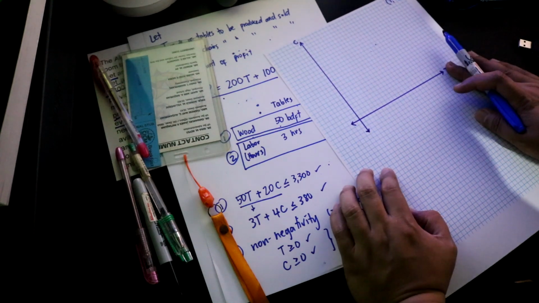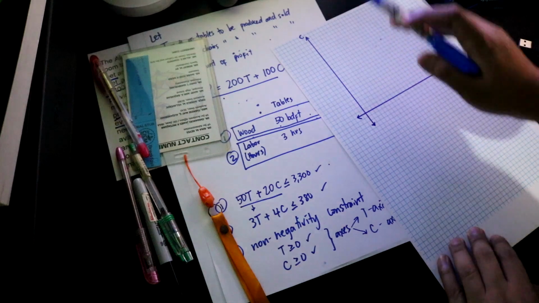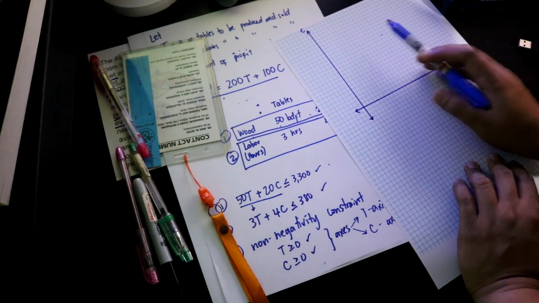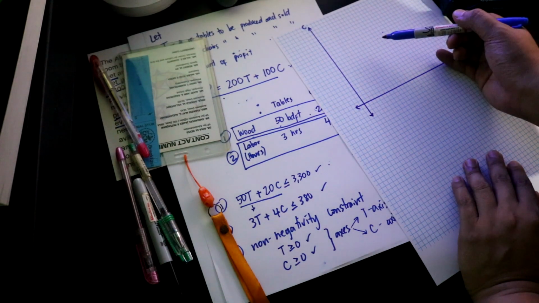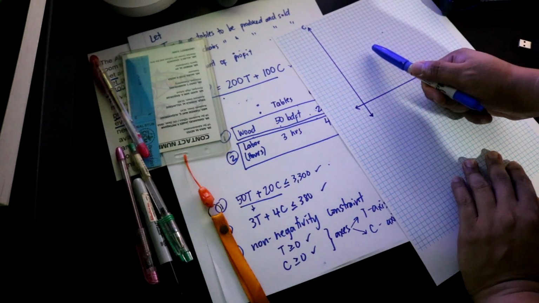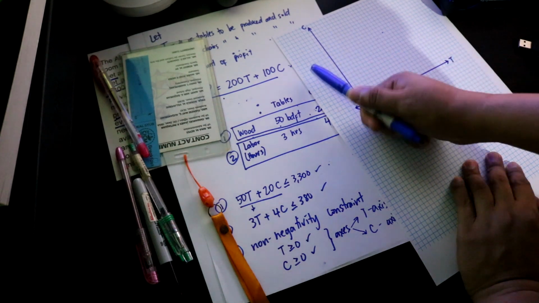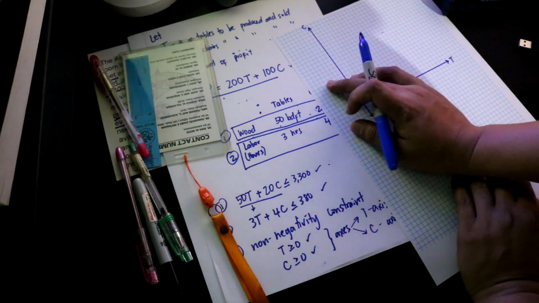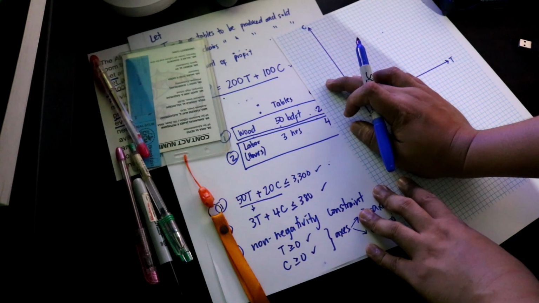What is important is that we are able to plot these constraint lines into our Cartesian plane. Take note, by the way, that our Cartesian plane contains 4 quadrants. This is the first quadrant wherein all values, whether x or y, are positive. This is the second quadrant wherein x's are negative and y's are positive.